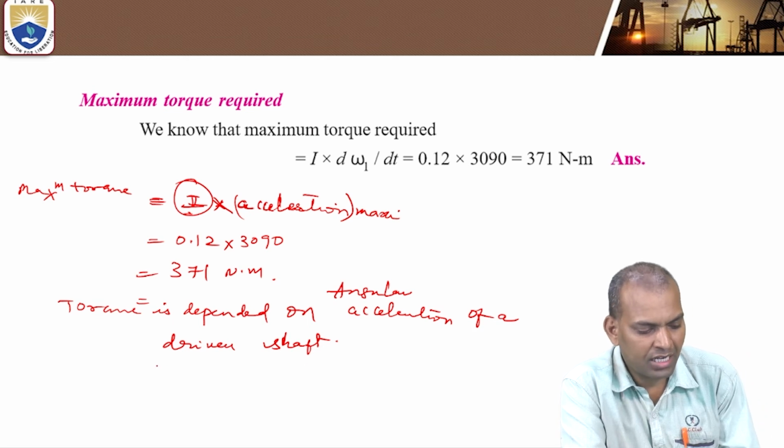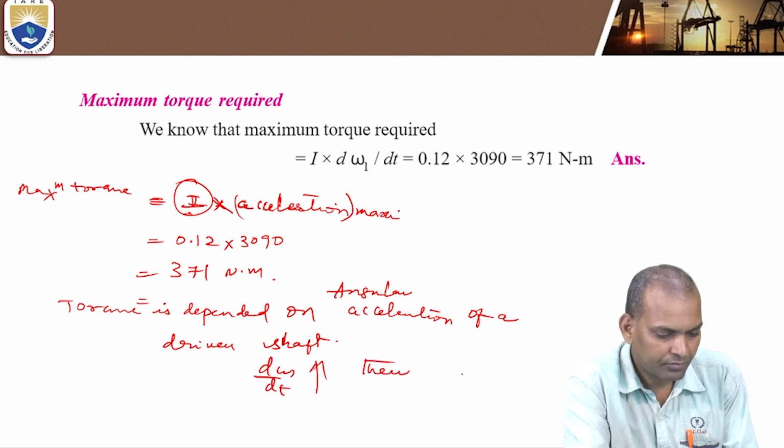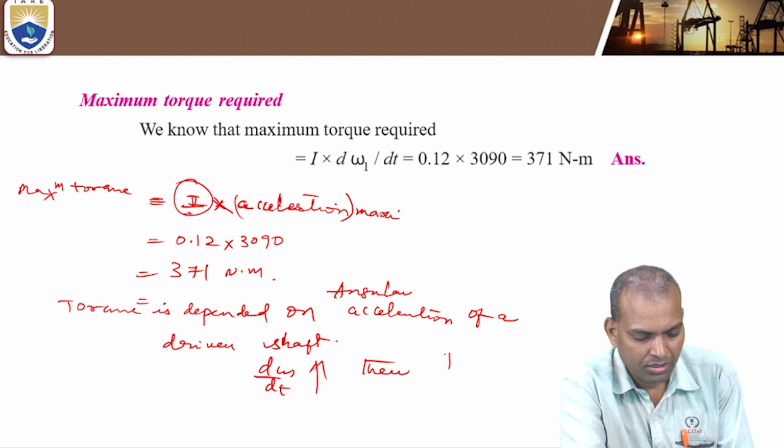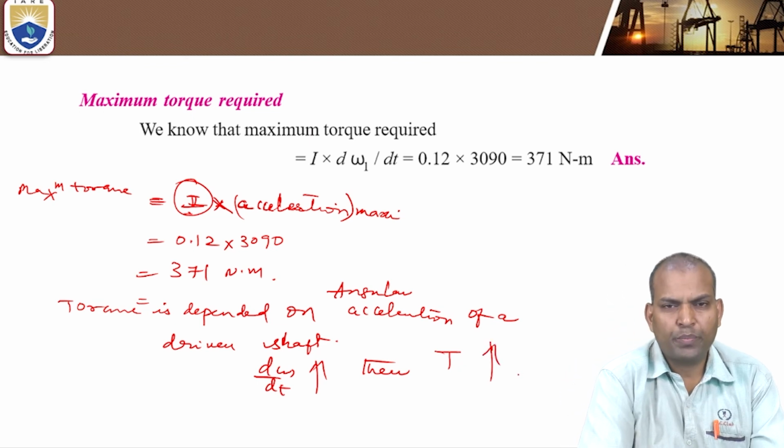So when the angular acceleration, that is d omega 1 by dt, is increasing, the maximum torque T will be increased disproportionately.